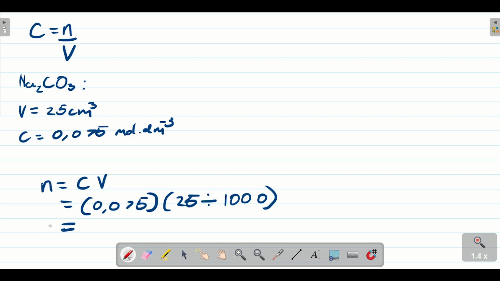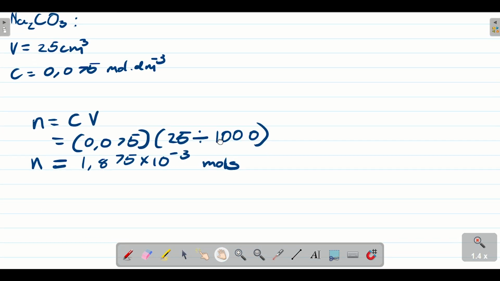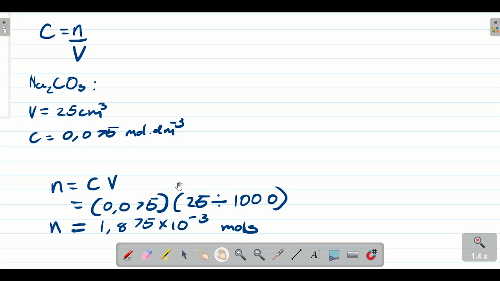So if we punch that into the calculator, we get 1.875 times 10 to the -3 moles. Remember, this is for sodium carbonate.